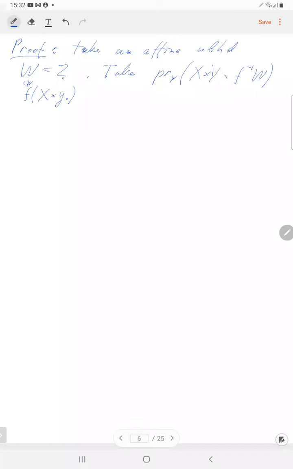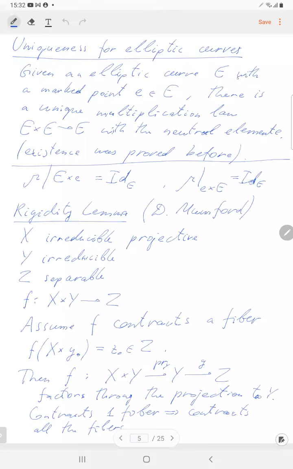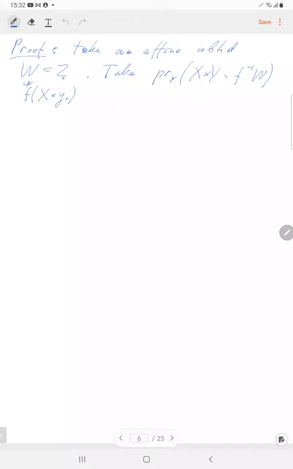But now X was assumed to be projective, or maybe proper, so the projection of this closed subset to Y is also closed. Let's call it F. It's closed.